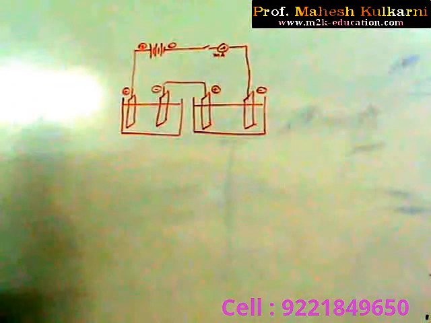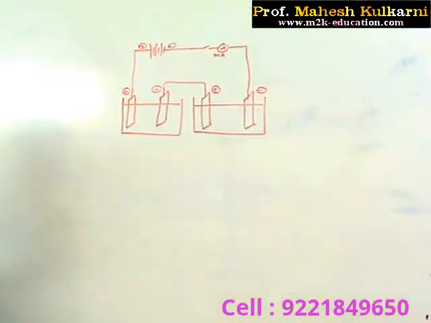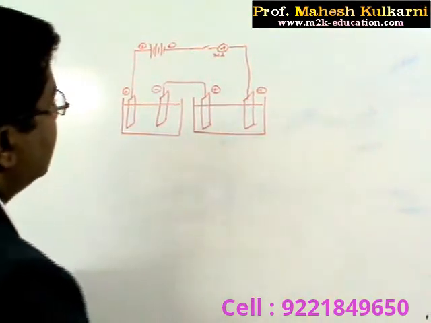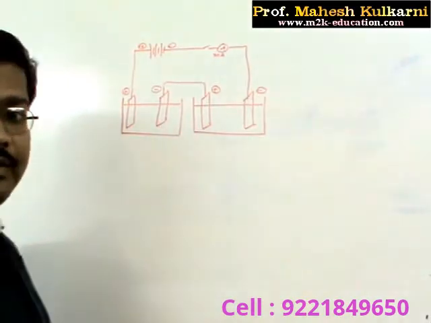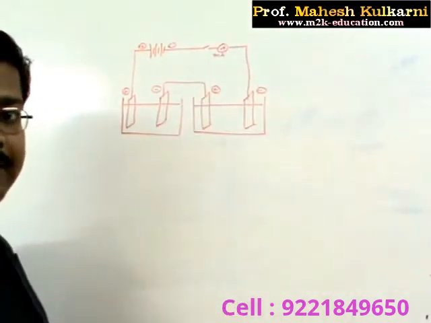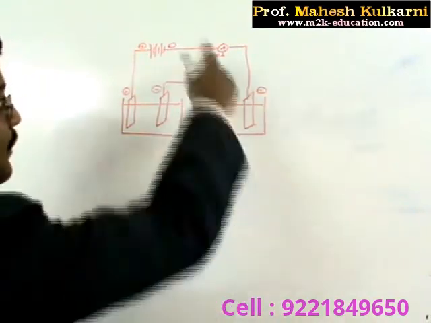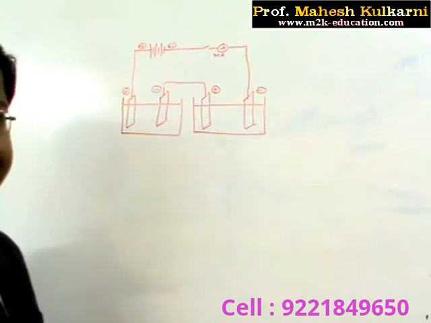I am connecting these cells in series. The meaning of series is that the same quantity of electricity flows through both. The moment I close the key, the circuit starts working, and the time is the same and I is also the same.